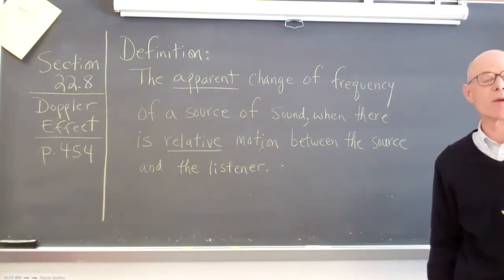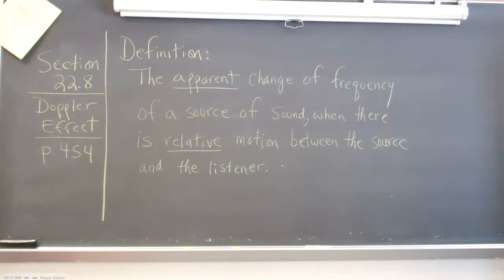The classic example of Doppler, you may have seen it, is somebody standing at a train station, and a train is approaching. This is an express train that doesn't stop.